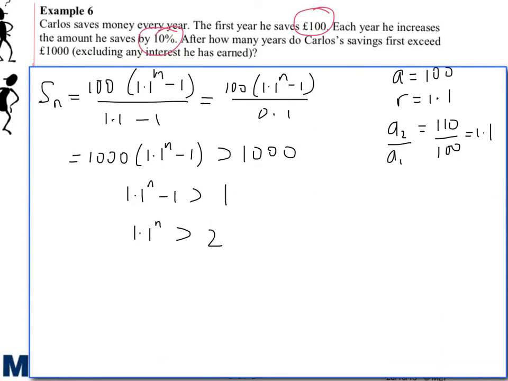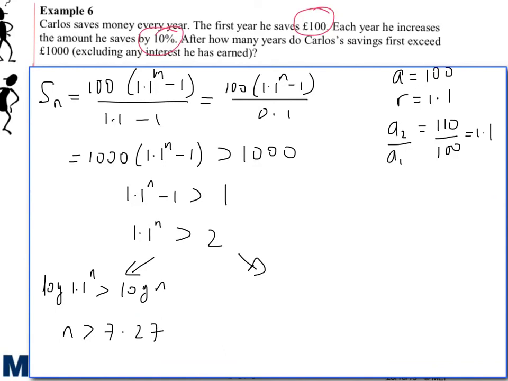Now at this point we can either use logs, so we can take the logs of both sides. If you know how to use logs, you'll take the log of 1.1^n is greater than the log of 2, and we end up with n, the power comes down, n is greater than 7.27.